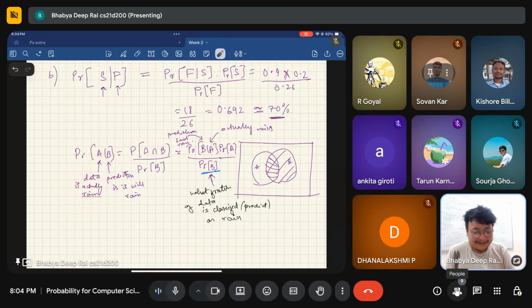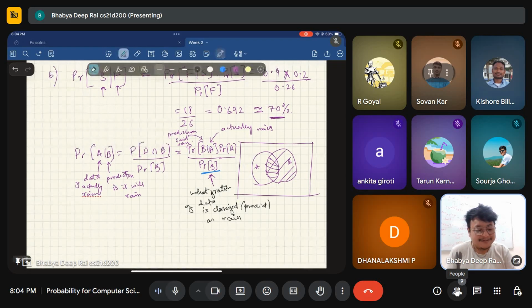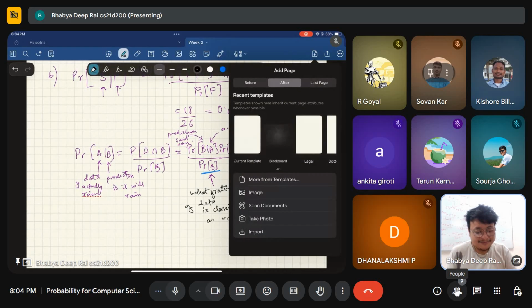And this one is: given that it actually rains, what is the probability that the prediction is saying rain? I think this is okay, but this is not a good example. Let me come up with a better example.